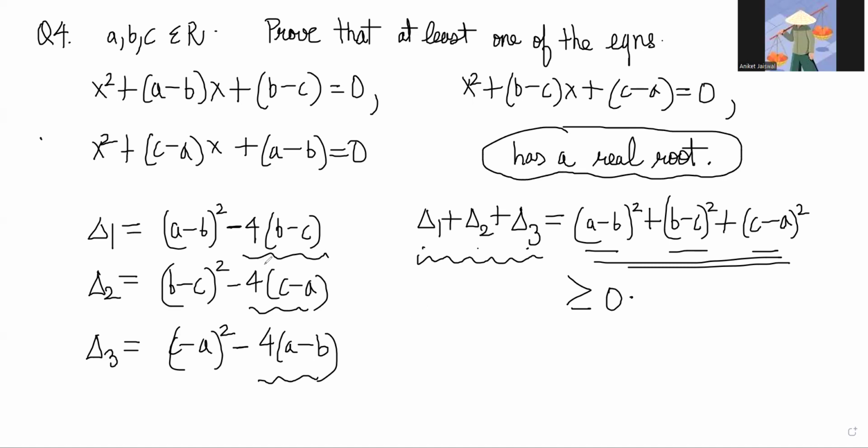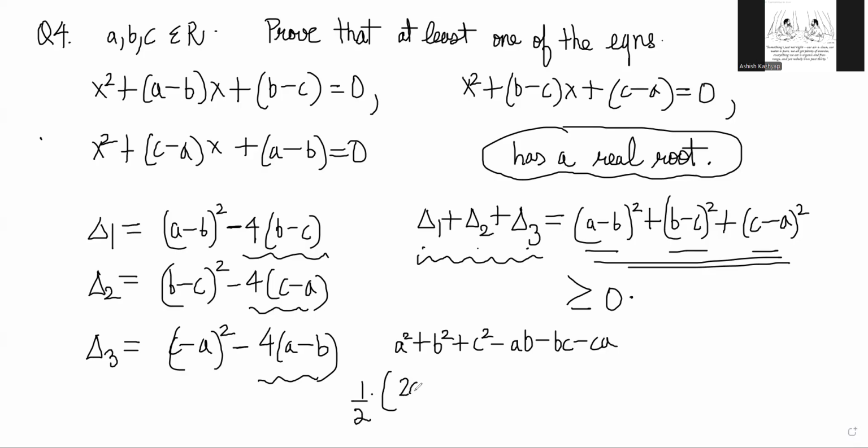Okay. Sir, I have a doubt. If we get a question where we have to prove that a squared plus b squared plus c squared minus ab minus bc minus ca is positive, how do we do that? That is super easy. Multiply and divide by 2, and then it will become a sum of perfect squares.